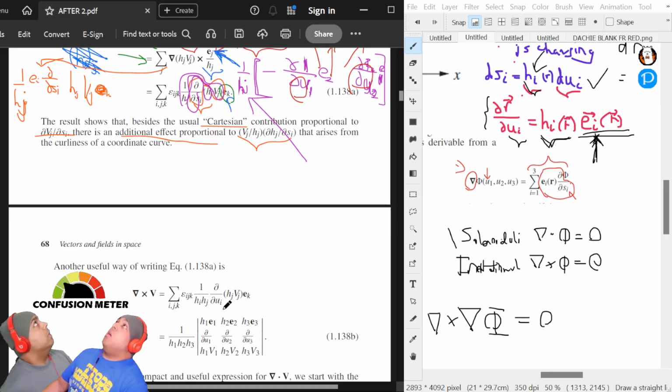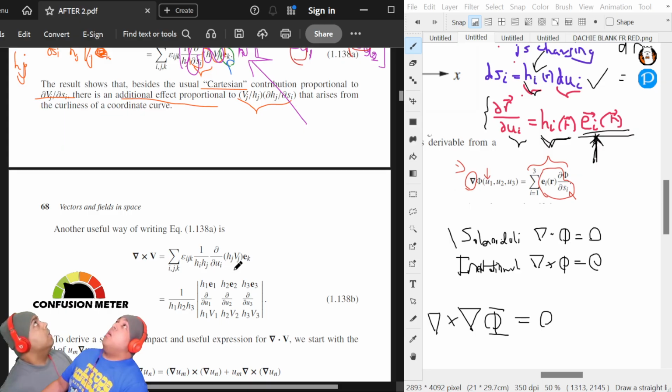When you convert it back to cross product and determinant, you get H1 E1, H2 E2, H3 E3, del W1, del W2, del W3. It's basically this dot this, but one of these guys goes up here and one goes down there.